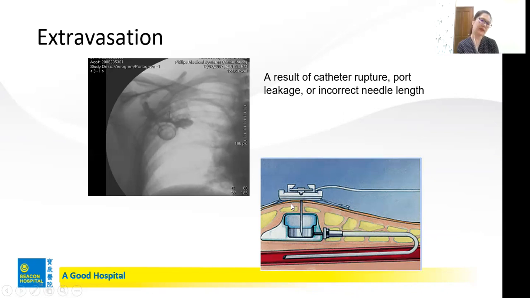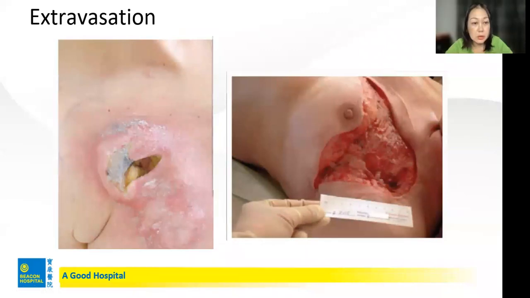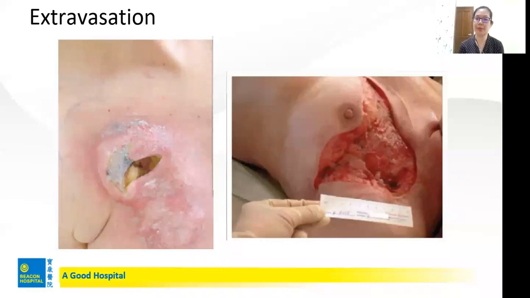Okay, and look at this picture. This is the extravasation that has already happened. This could be due to a dislodged port, or it could be due to catheter damage, and you still assume it's a blockage because you're unable to draw blood backflow, but you're able to push in your saline.